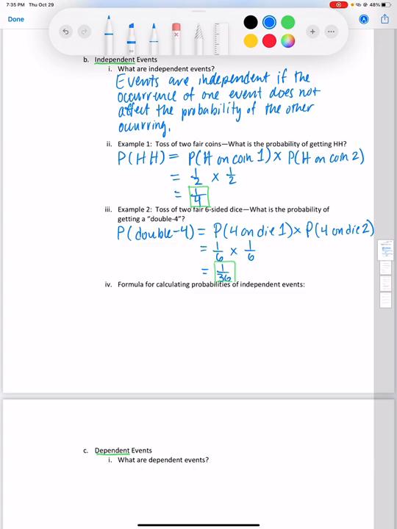So in summary, the formula for calculating probabilities of independent events, their AND probabilities, is: the probability that A and B occur is equal to the probability of A occurring times the probability of B occurring. Let's say that you have multiple independent events, like more than two.